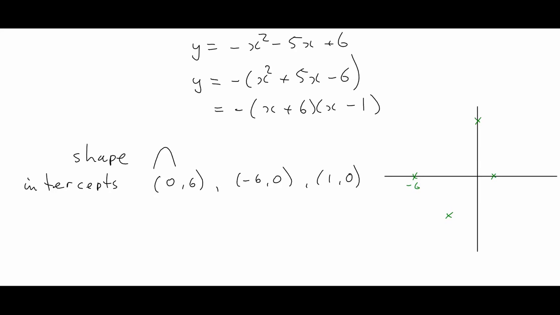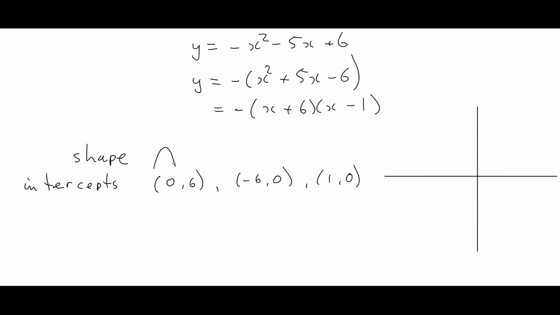So the thing to do then is to ignore those specific points for the moment and sketch the curve with those characteristics. We want to be down there and up there. So that was incorrect.